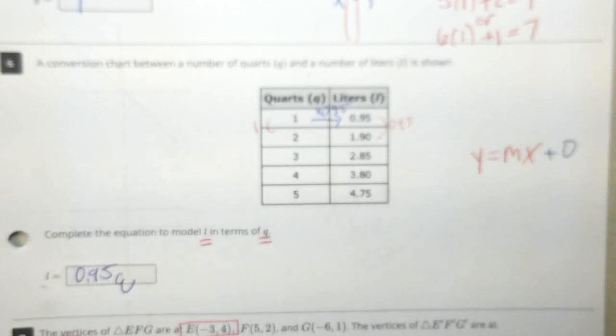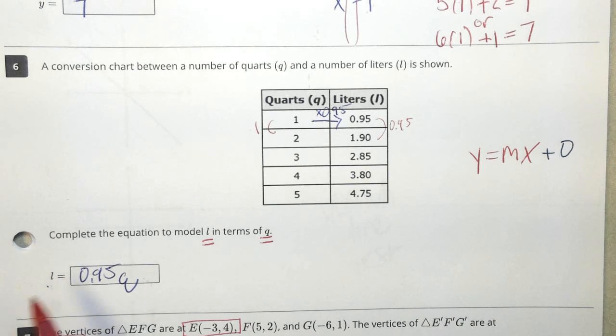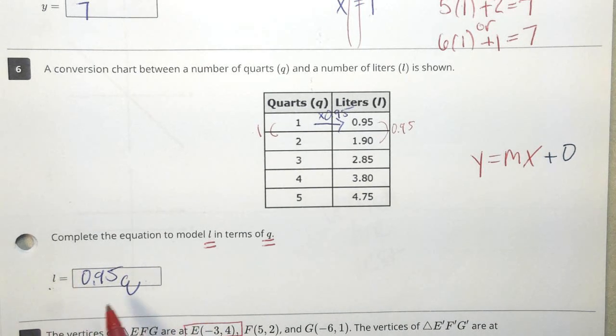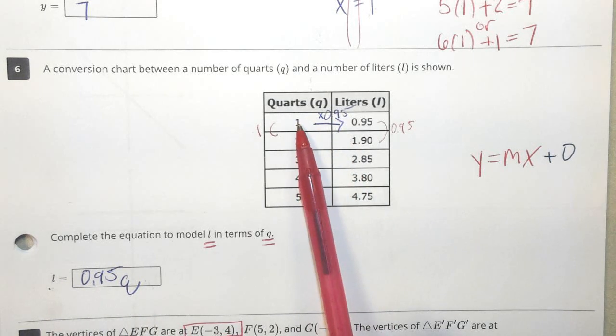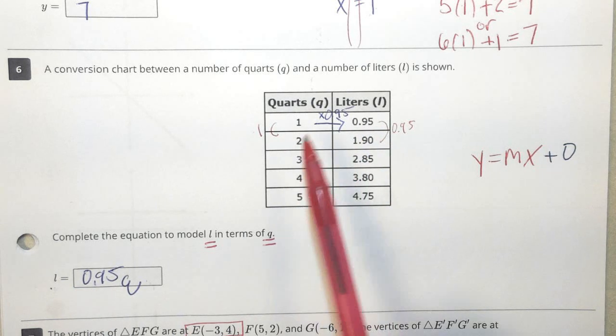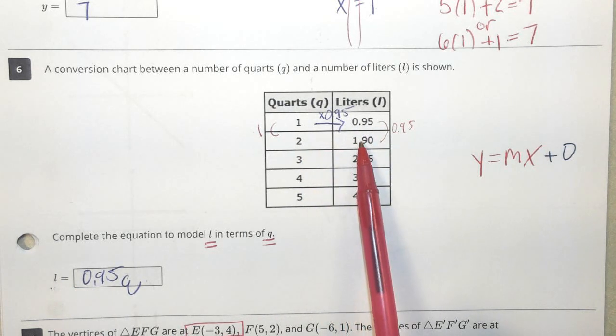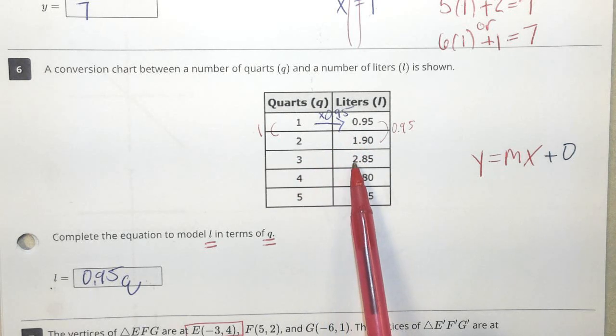So either way is kind of a way to be looking at that for that equation. But you do have to make sure you write it as the equation. It's not just L equals 0.95. It's that I'm taking that and multiplying it by Q. That's how I equal the L. So like 2 times 0.95 is the 1.9. 3 times 0.95 is the 2.85.